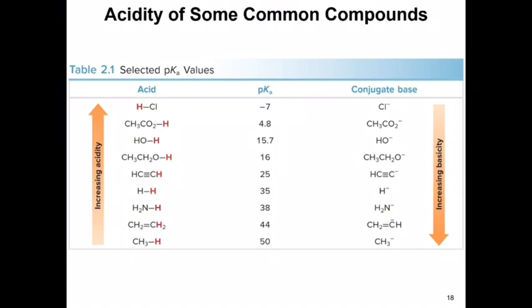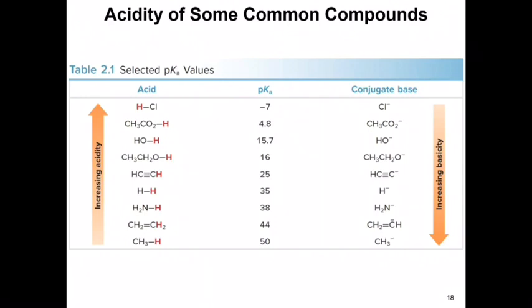So here's a table showing you the relative strength of different acids in organic chemistry. So we have hydrochloric acid, which is considered an inorganic acid, which is a strong acid, and you can tell by just looking at its pKa value. So any acids with really low pKa values are considered strong acids, and any acids with high pKa values are considered weak acids.